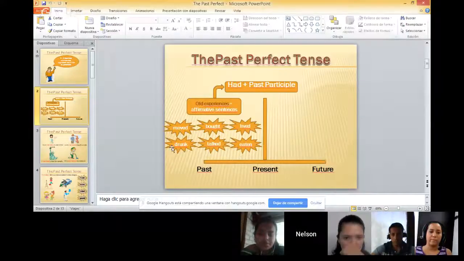But it is not the same case as drink and eat. The verb forms for drink are: the present or base form is drink, the past is drank, and this time we have drunk, spelled with a U. And eaten is the same case. Eat, ate, eaten. So we have to be prepared.